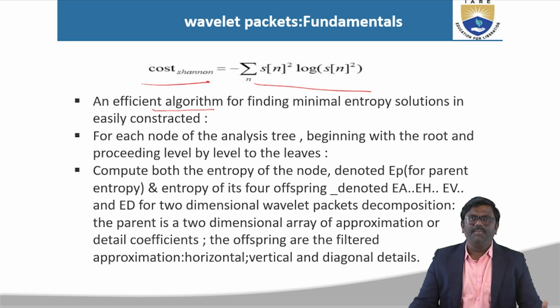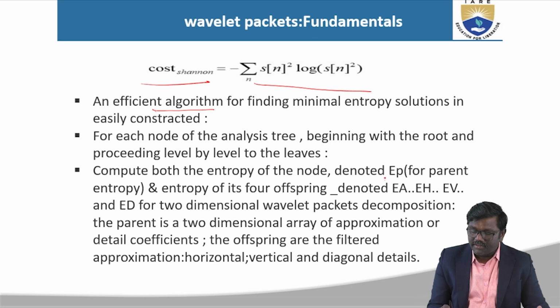compute both the entropy of the node, denoted EP, where P is nothing but the parent entropy value, and the entropy of its four offspring, denoted EA, EH, EV and ED.